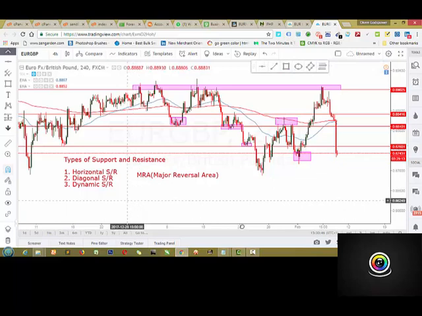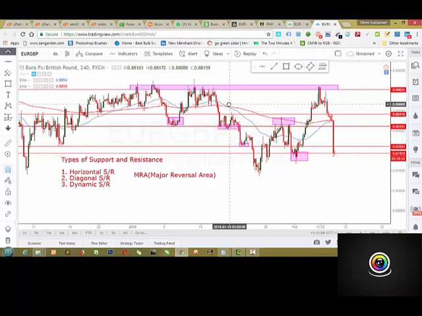Like I said, we have horizontal support and resistance, diagonal support and resistance, then dynamic support and resistance. The horizontal support and resistance is the one we are looking at now, when you draw your horizontal line on your chart to identify key levels in the market.